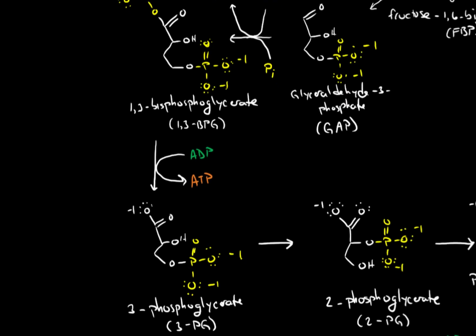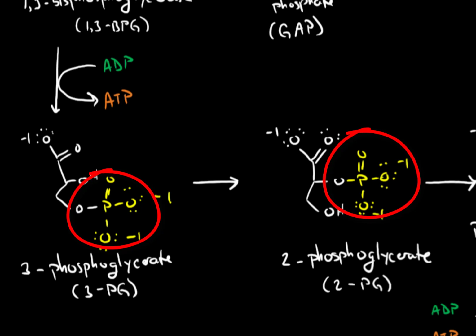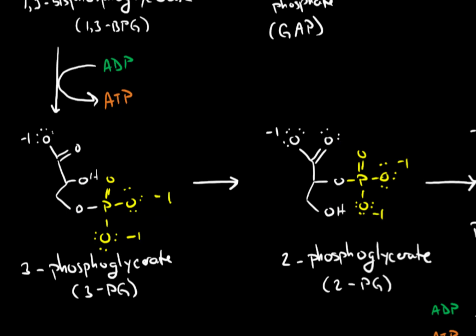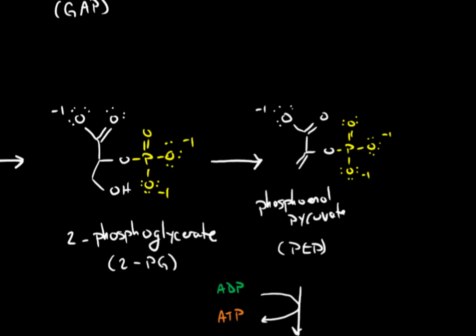3-phosphoglycerate is then converted to 2-phosphoglycerate. All that's happening here is we're moving the phosphate group from the 3rd carbon to the 2nd carbon. Once we've made 2-phosphoglycerate, we can convert this molecule to phosphoenol pyruvate, our last intermediate in glycolysis and also the second high energy intermediate.